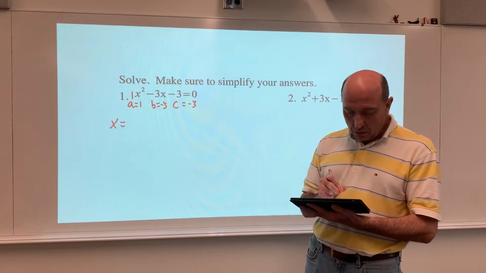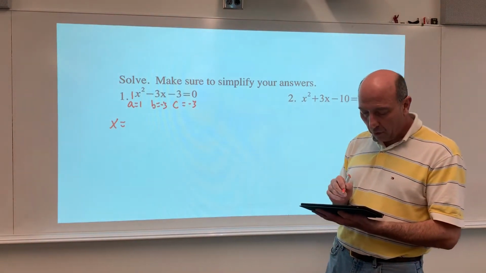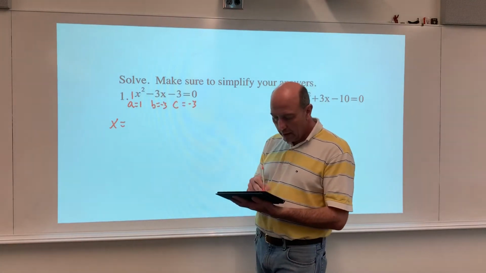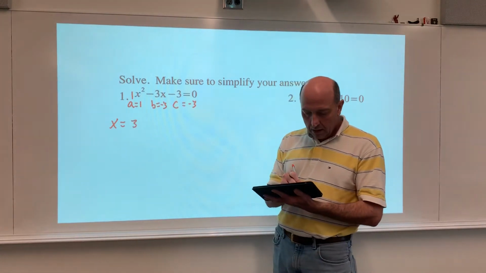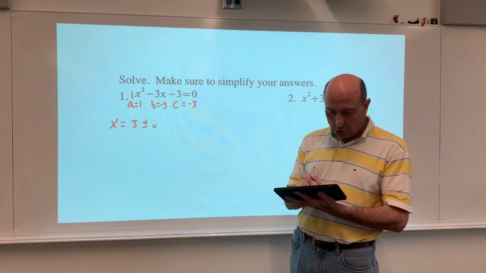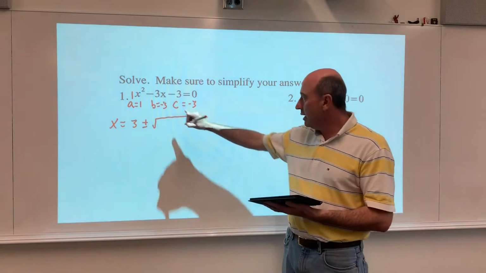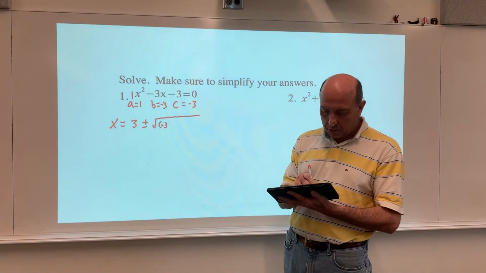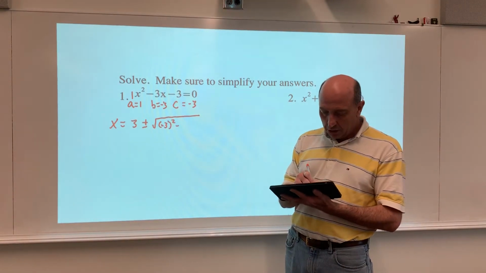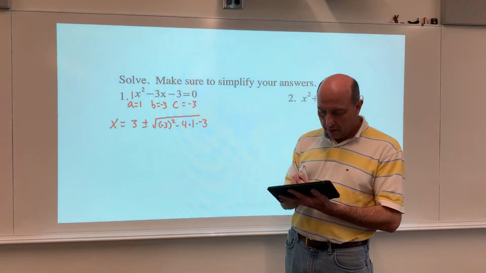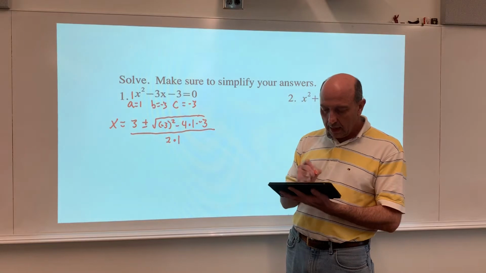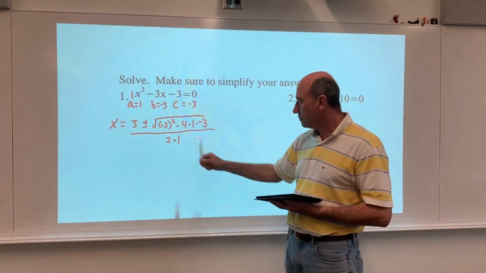So x equals, the quadratic formula was negative B, the negative of negative 3 is positive 3, plus or minus the square root of B, negative 3 squared, maybe I should write this out so I don't make any careless mistakes, minus 4 times 1 times negative 3, all over 2 times 1, 2a.